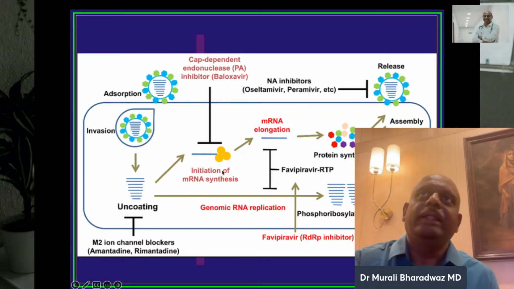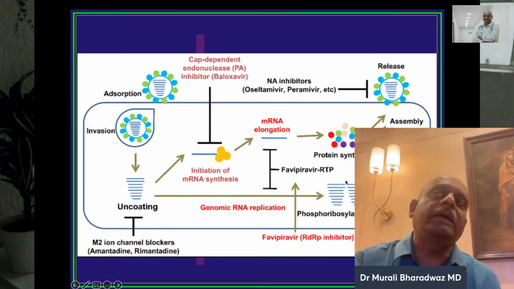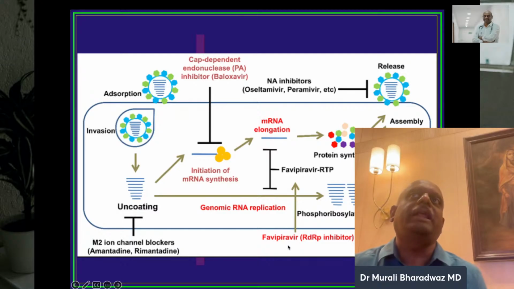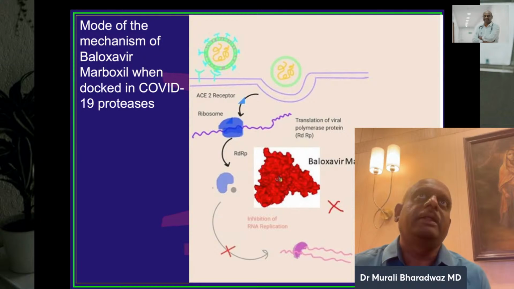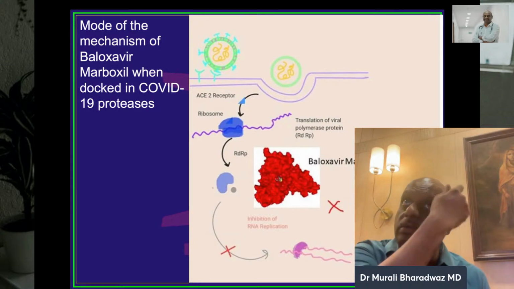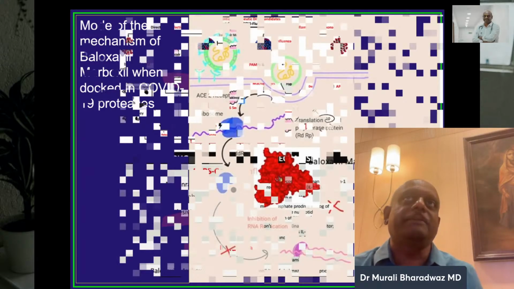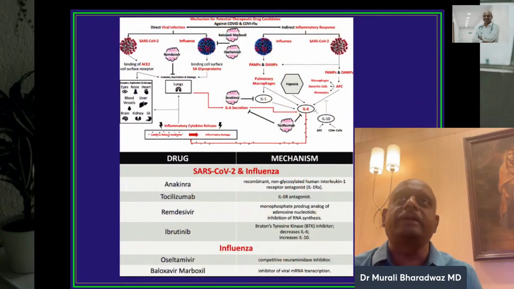Then favipiravir, a ribonucleotide analog, will act at the RdRp level. Anyway, right? So during COVID, these cap snatching endonuclease inhibitors became popular. Baloxavir, right? Baloxavir.